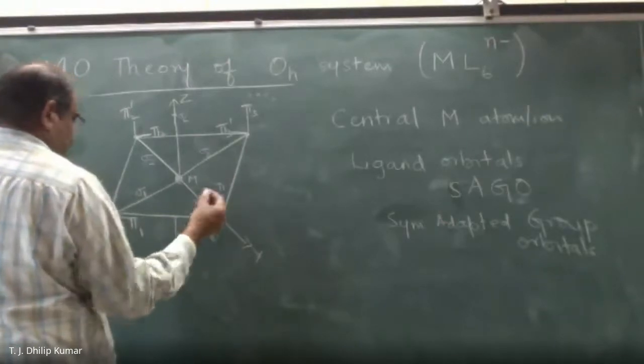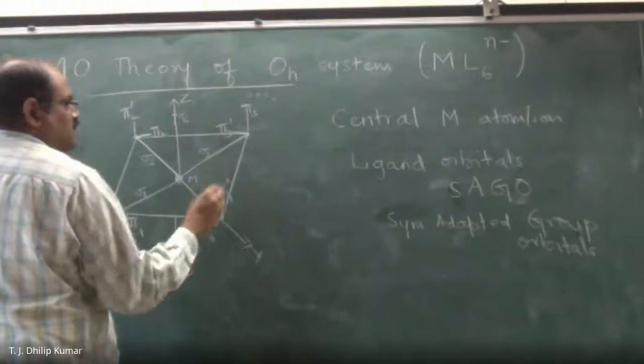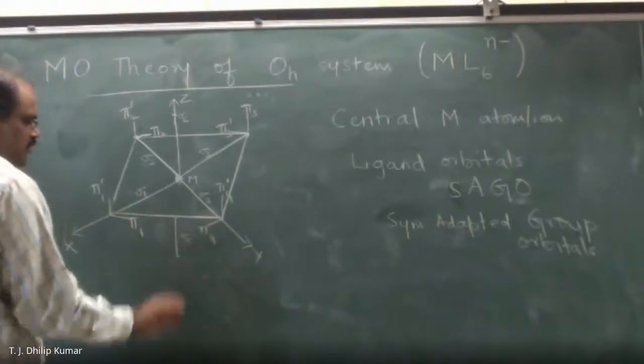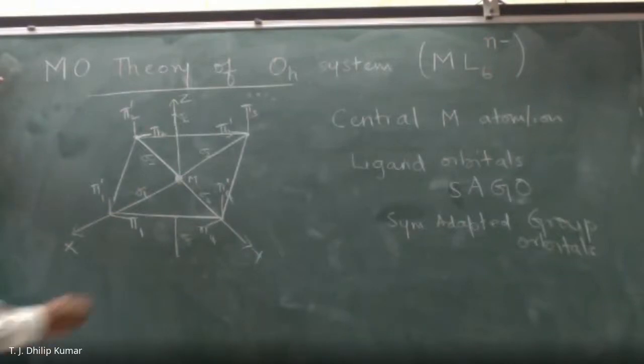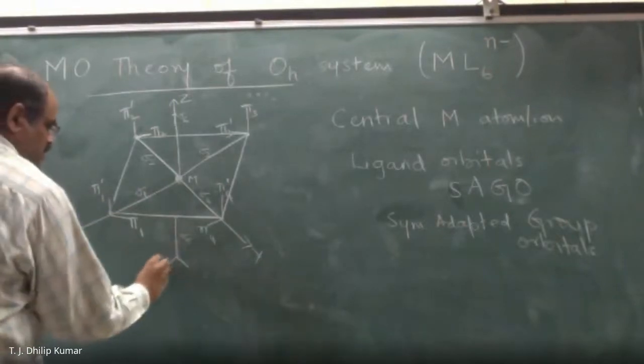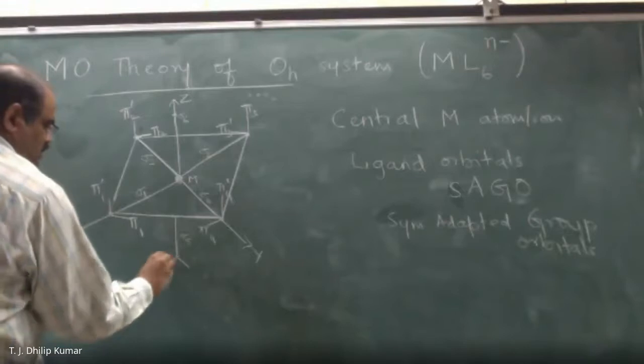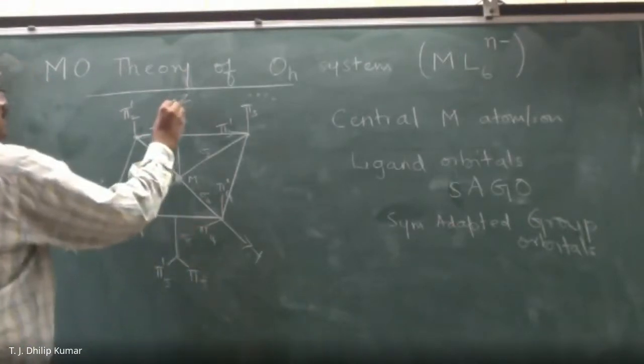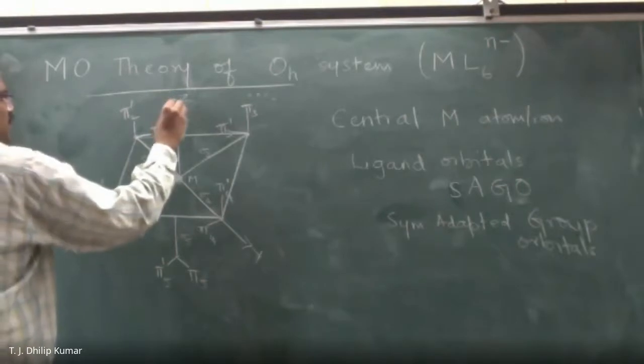Then there are 2 more, in the x direction or y direction: pi 5 and pi 5 prime. Again here there are 2 more.